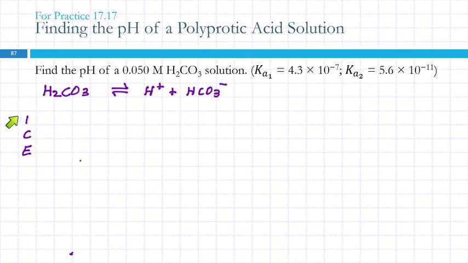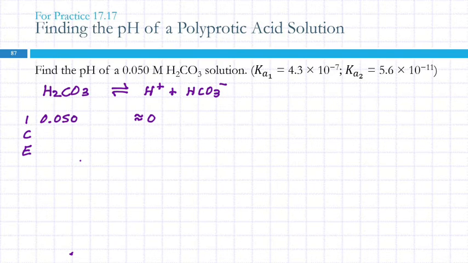So initial concentrations. We're given the concentration of the polyprotic acid, so 0.050. And what do we know about the concentration of the hydrogen ion before this ionizes? It's almost 0. It's 10 to the minus 7. So we're going to call that 0.